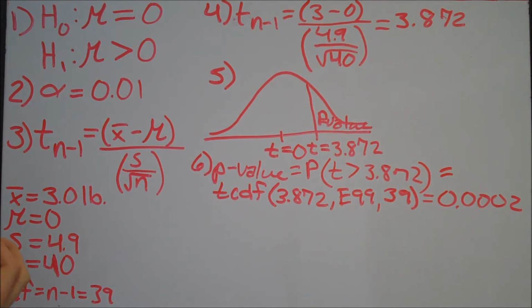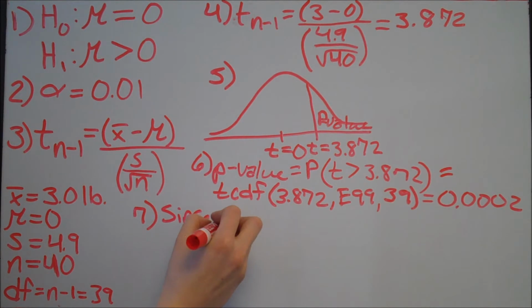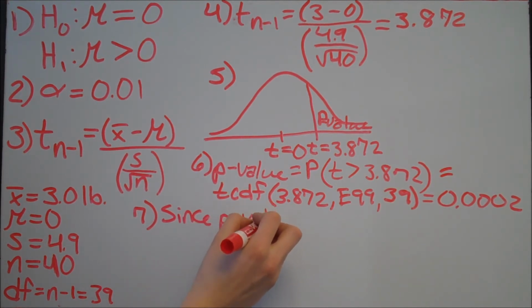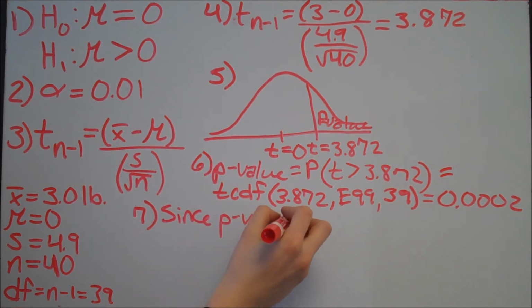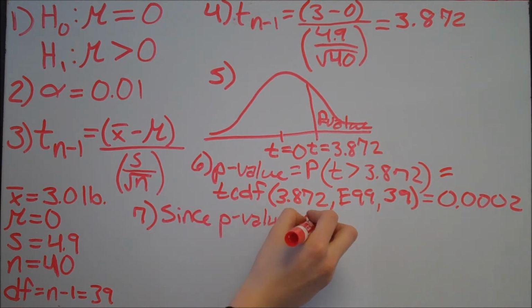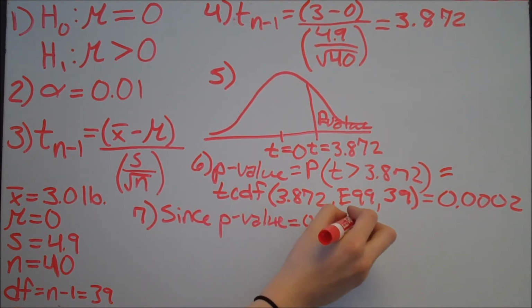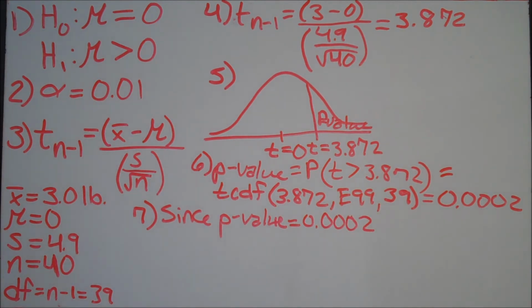All right, for our last step, step 7, we're going to write our conclusion in plain English. Since our p-value equals 0.0002, now we have to decide if that's greater than or less than our significance level.